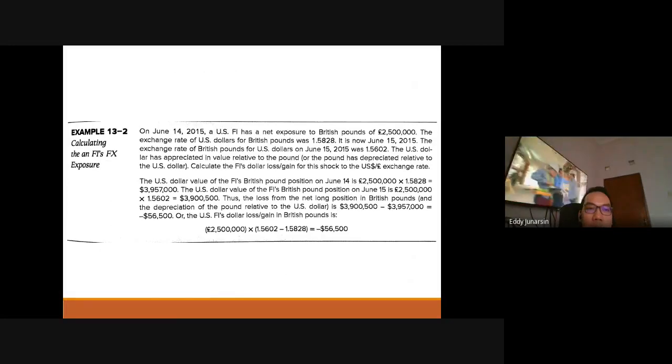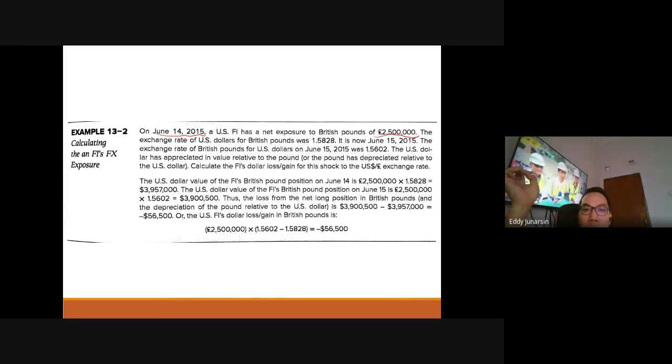Okay, so see our exposure, calculation of exposure. One example here, June 14. Net exposure is, this is by a US bank, right? £2.5 million. This is the exposure on June 14th, 2015.